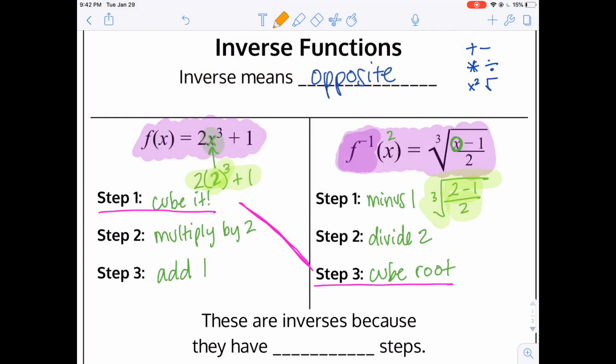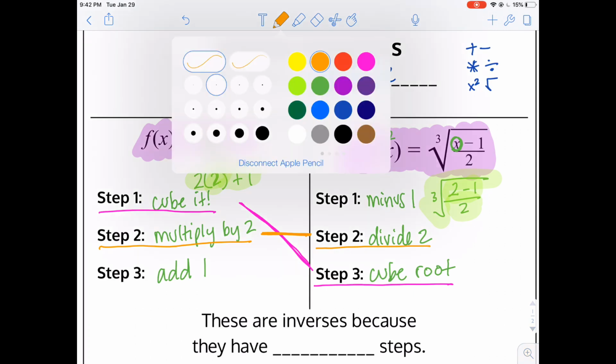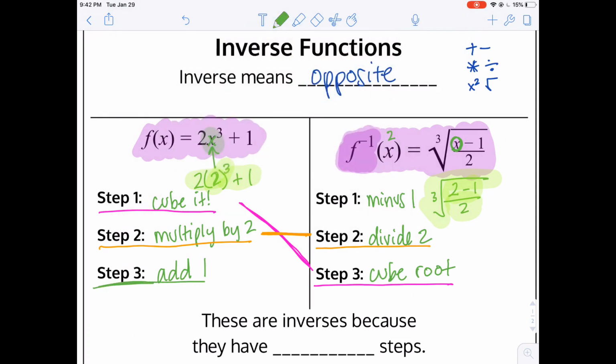Then step 2 was multiply by 2, and going up on this side, dividing by 2. Those are opposites of each other, dividing and multiplying by the same number. And then the last step on this one, step 3, should be opposite of step 1. So adding 1 and minusing 1. Those are opposites of each other, inverses.